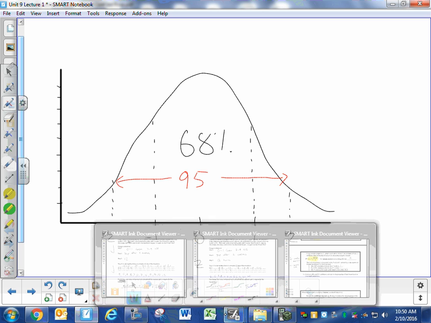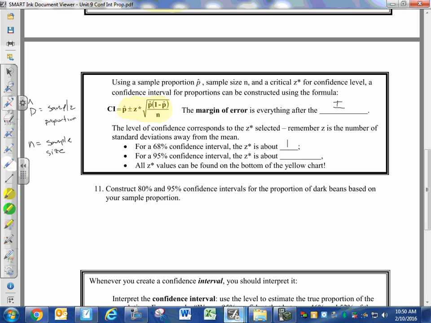If we were to produce a 95% confidence interval, we would use a z of about 2. However, more exactly, we will use 1.96. Don't worry about the z values found at the bottom of the yellow chart. We will tell you the z values that you will use, okay?